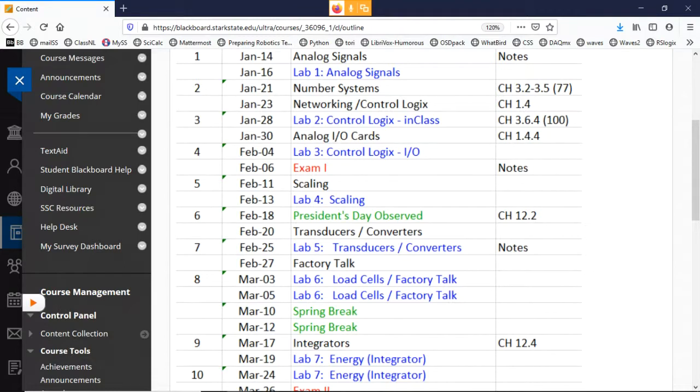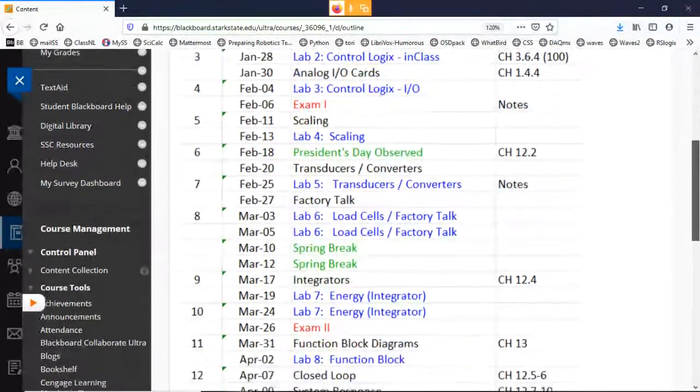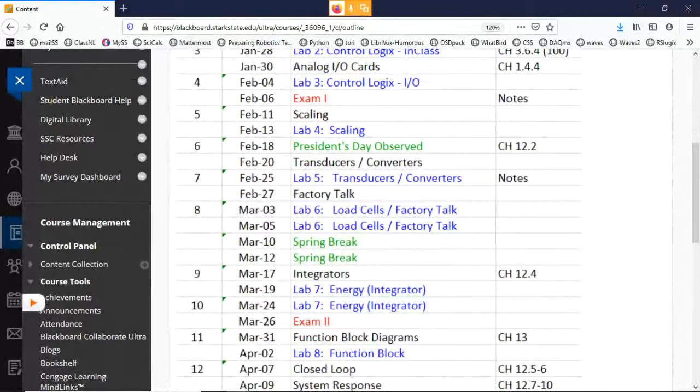Okay. All right, and then in week 6 and week 7, we talked about the various different types of transducers. Remember, a transducer is a fancy word for an analog sensor. Then we talked a little bit about FactoryTalk, which gives us an HMI, human machine interface.